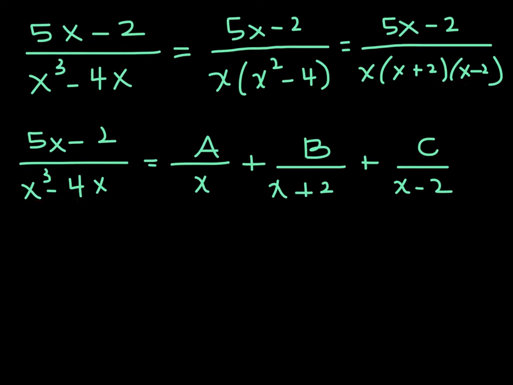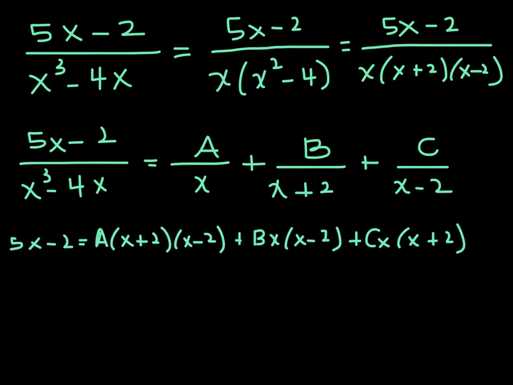So I'm going to multiply the left-hand side and each term of the right-hand side by the LCD. I multiplied both sides by the LCD, and I got the following identity. 5x minus 2 is equal to A times (x + 2)(x - 2), plus B times x(x - 2), plus C times x(x + 2).